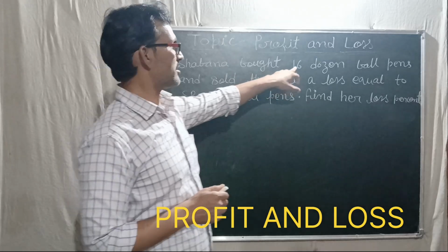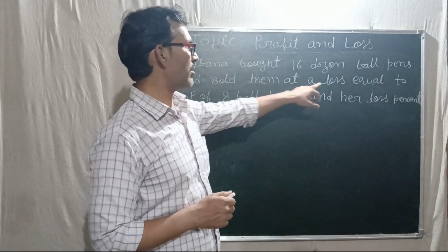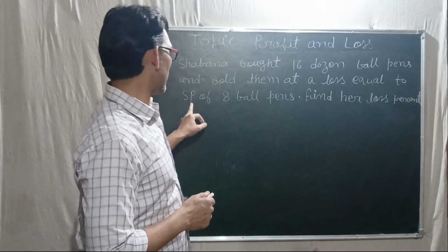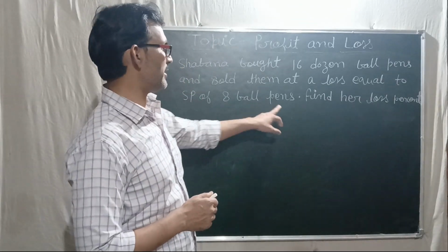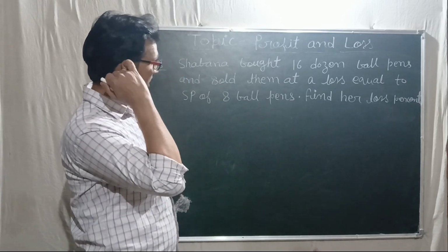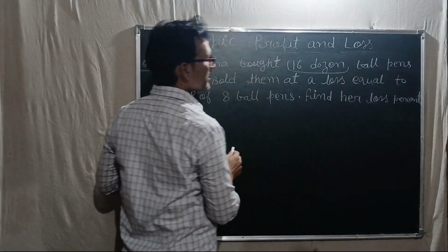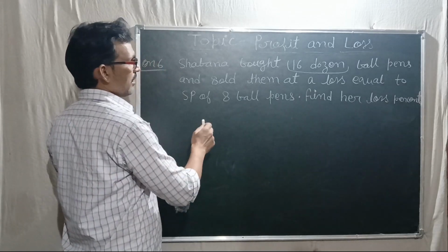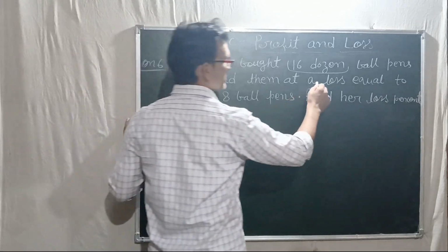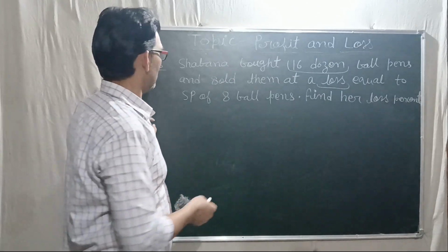Savannah bought 16 dozen ball pens and sold them at a loss equal to the SP of 8 ball pens. Find her loss percent. First of all, she bought 16 dozen ball pens and sold them at a loss. It means she was in loss.